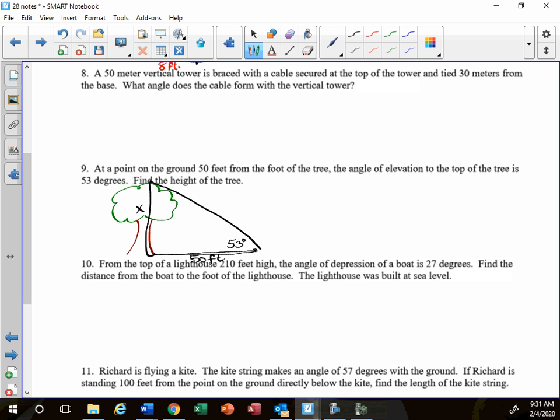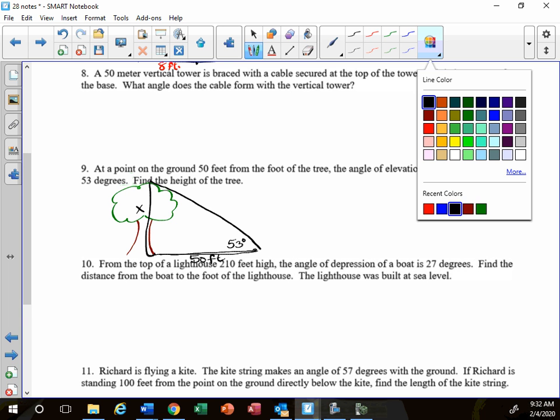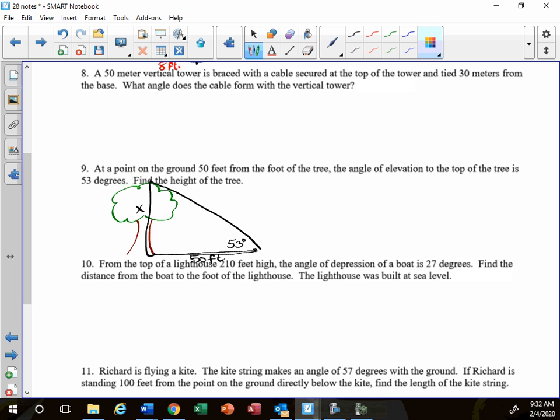So sine, cosine, tangent, what are we using? Tangent. I don't know anything about the hypotenuse, do I? No, so definitely can't be sine or cosine. So I'm going to use tangent of 53 equals what? X over 50. So how do I solve for x?